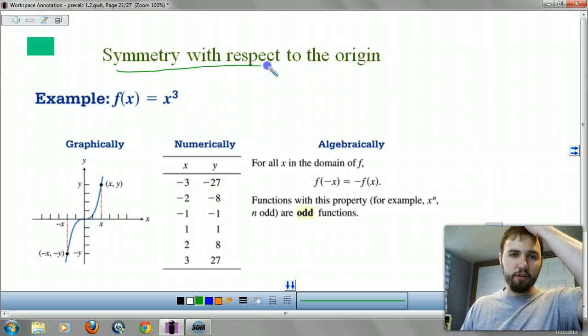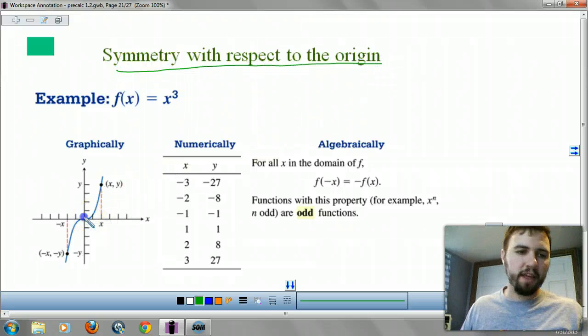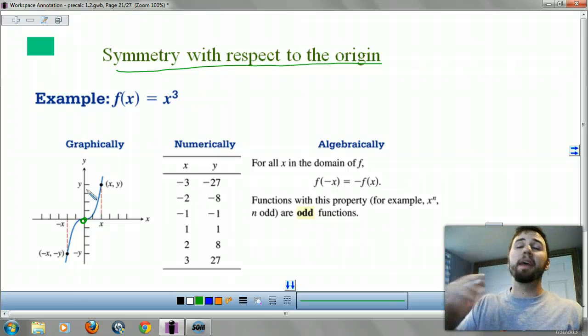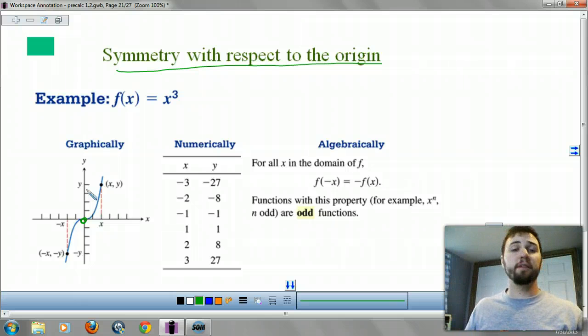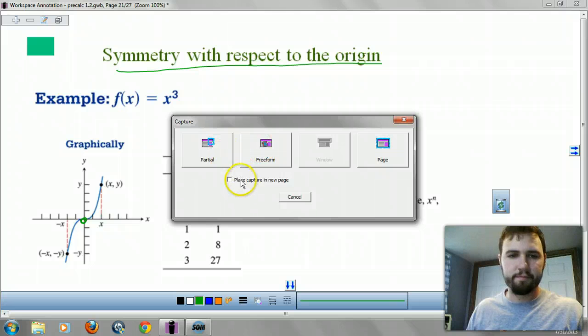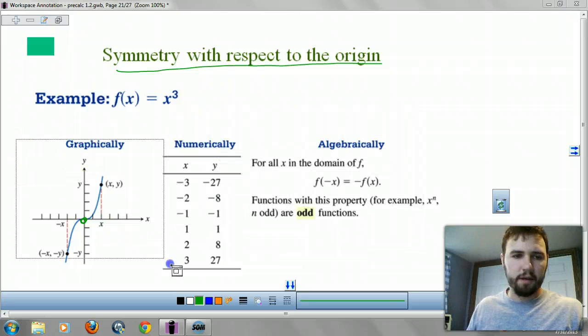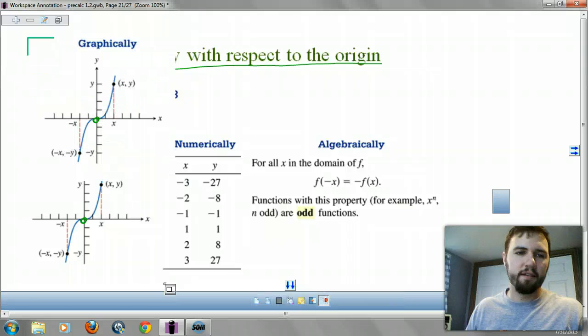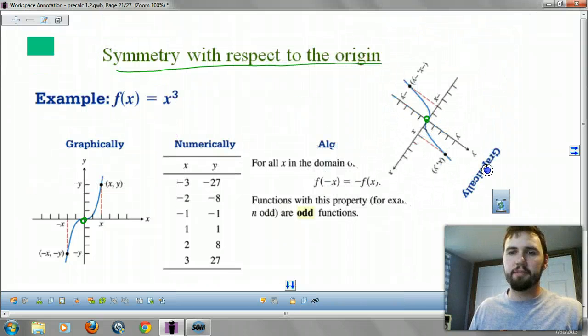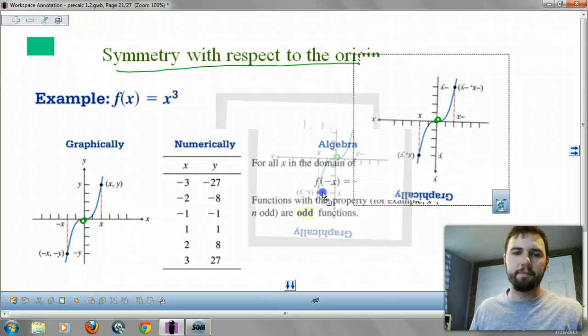Now, if you're symmetric to your origin, what that says, I can take that middle point, I can rotate it around, and I can graph it on itself. Okay. You guys want to try something? Like this guy. It's symmetric to the origin because I can take it and spin it onto itself, right?